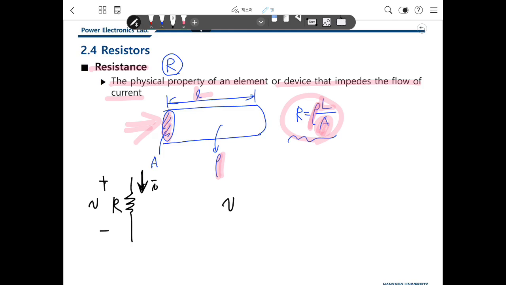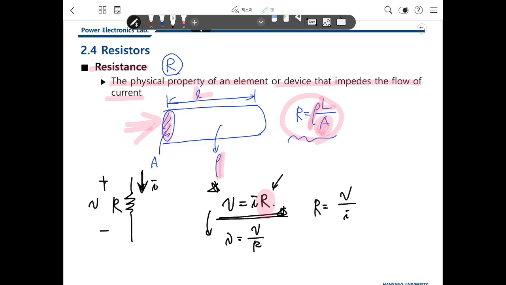Then you can say V equals I R. This is a very basic law, a characteristic of R. It is very simple but very important. From here, you can make another expression: I equals V over R, or R equals V over I.